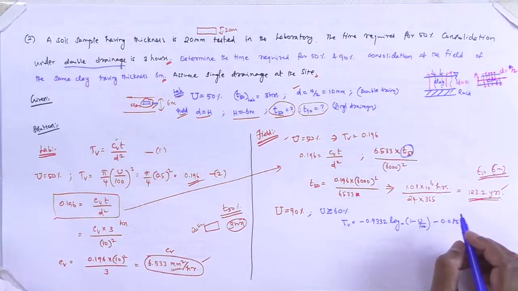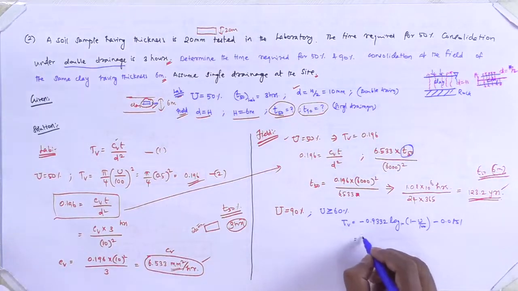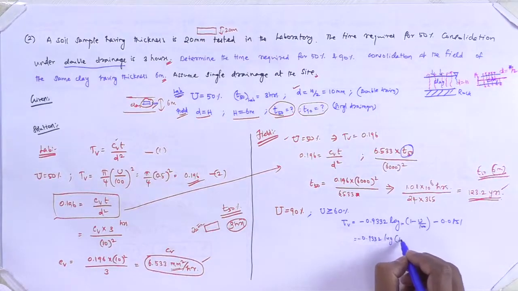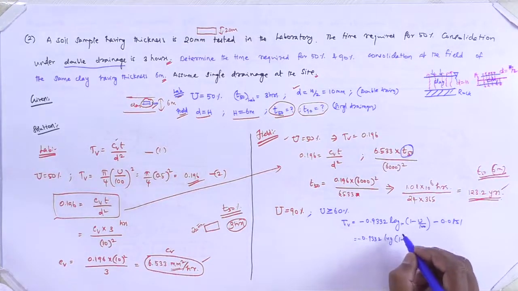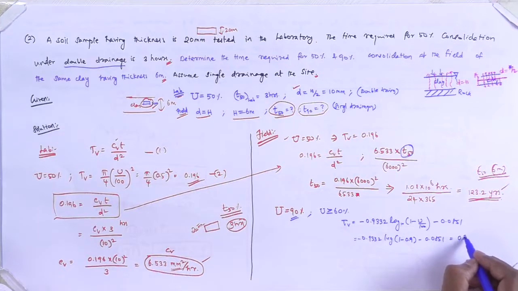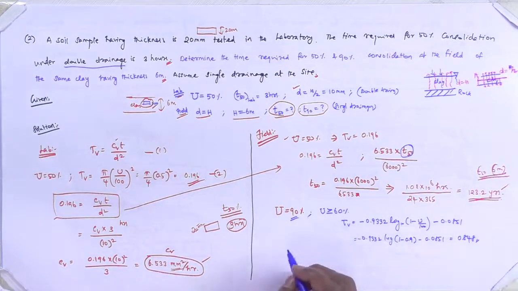By substituting, minus 0.9332 log of 1 minus 0.9, minus 0.0851, we get 0.848. You can do it on your own.